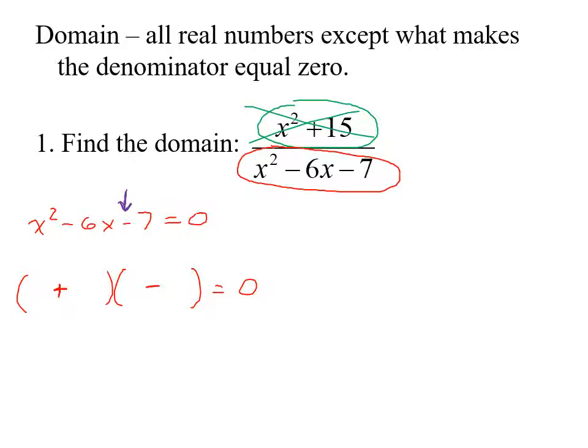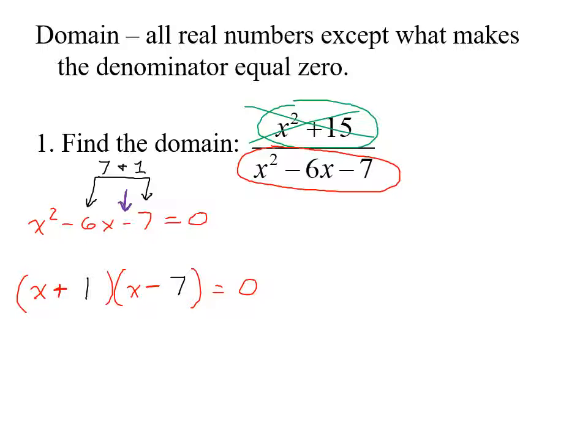And then I look at these two numbers, the 6 and the 7, and I need two numbers that multiply to 7 that either add or subtract to give you 6. And so I would use 7 and 1. Because the 6 is negative, the bigger one gets the negative, so that's the 7 and the 1. And I'd get x's for the x squared. And you can FOIL it to make sure that you have that right.